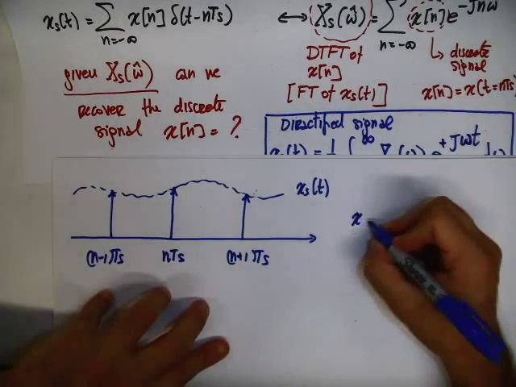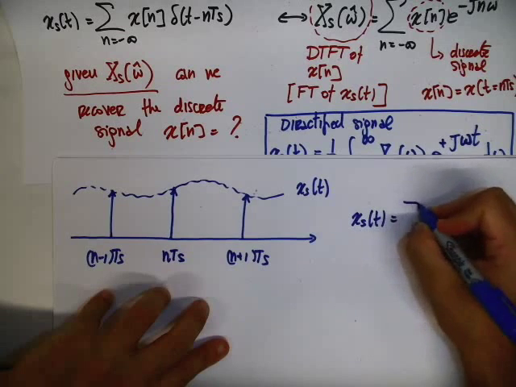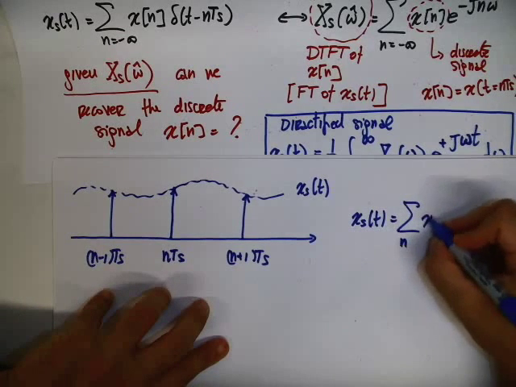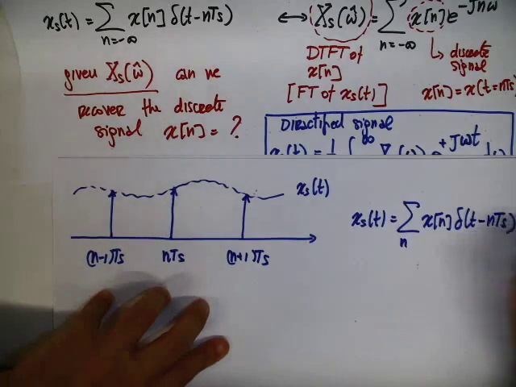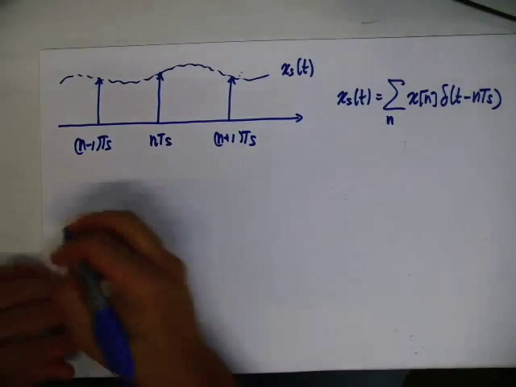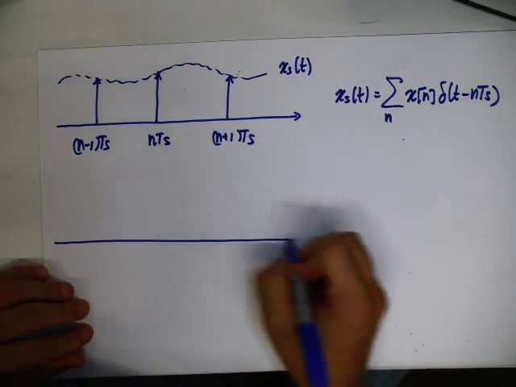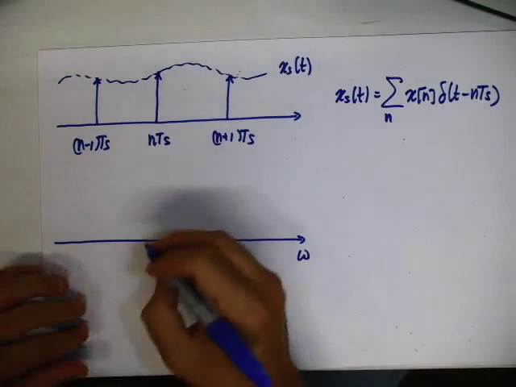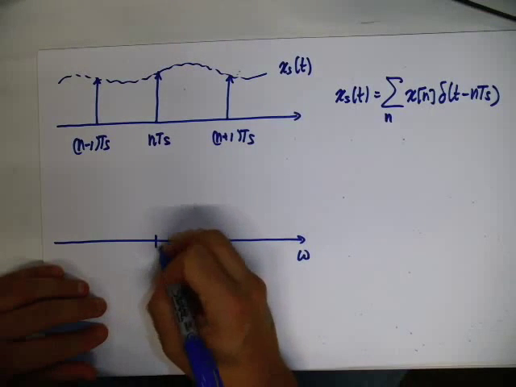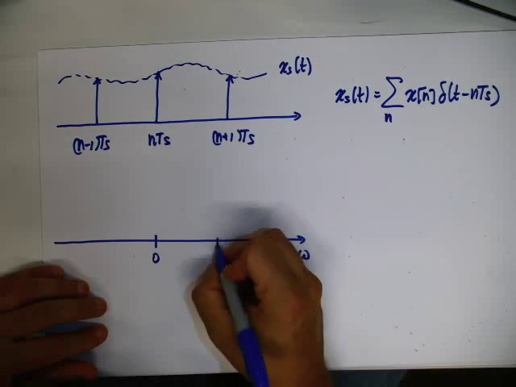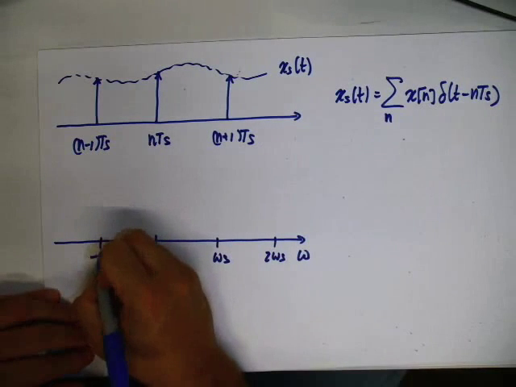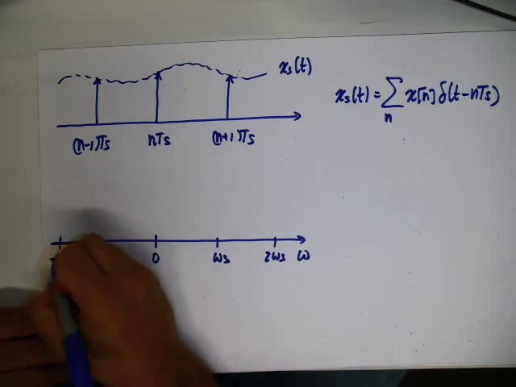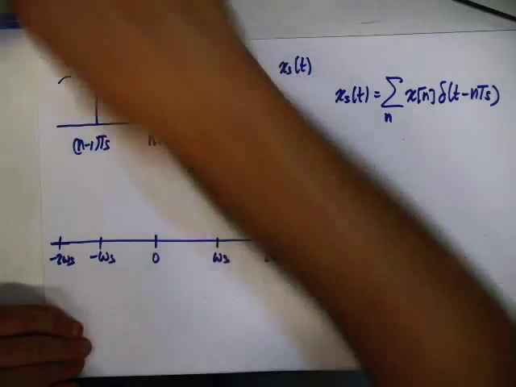And this is equal to the infinite sum of a bunch of deltas. And then its Fourier transform, we have seen that in the frequency omega is basically given by 0, omega_s, 2 omega_s, minus omega_s, minus 2 omega_s.